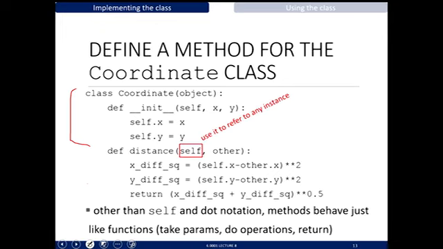By convention, it's always named self. For this particular method, I'm going to give it another parameter, and I can name this whatever I want. I'm naming it other. This is going to represent the other coordinate object for which I want to find the distance from myself.